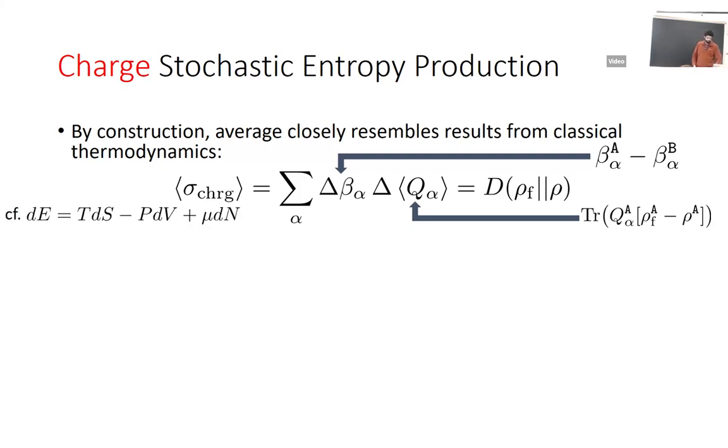And again, thinking back a little bit to undergrad thermodynamics, we're used to seeing this fundamental relation of thermodynamics, which tells us how differential changes in extensive quantities are related.